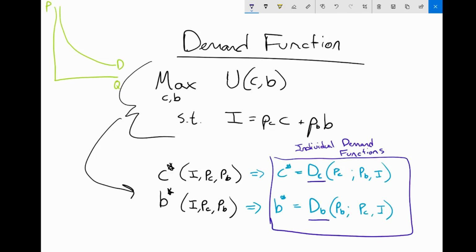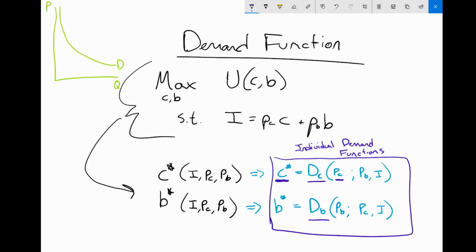So the demand for a good, that is the quantity of cups of coffee demanded as a function of the price of cups of coffee, is literally the function that we solve for when we do the utility maximization process. The utility maximization process gives us the demand function.